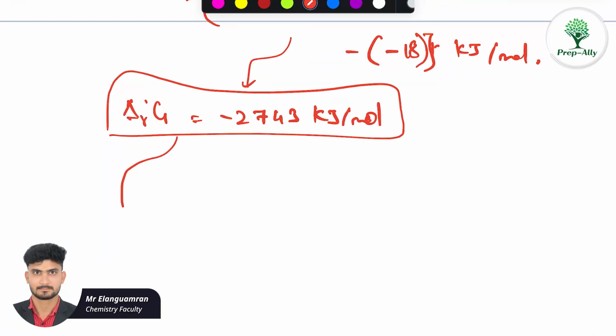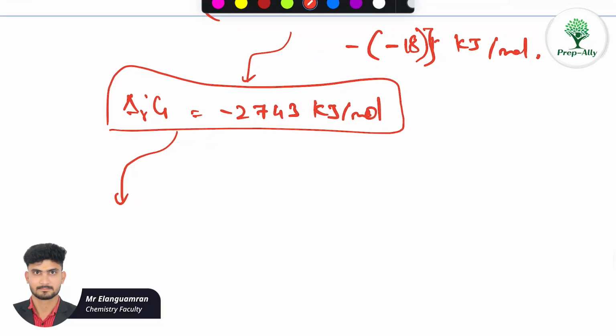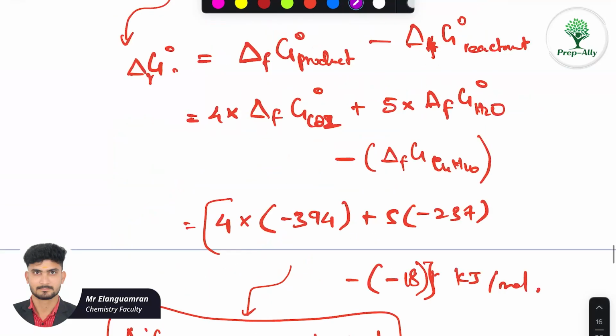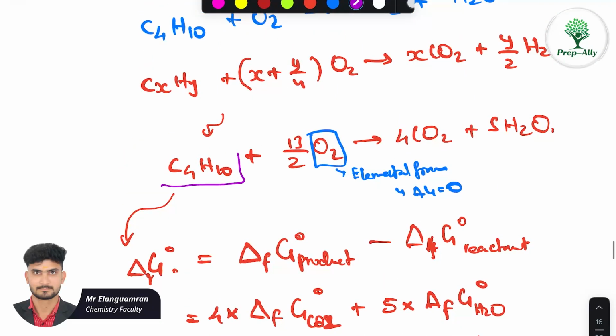So how do I find, using this, the electrode potential of this cell? That I can find using the relation between delta G and E naught. What is n here? This is the most important one. How do I find the n factor? That is, how many electrons are involved in this reaction. I can see here I have 1 mole of butane. I can use oxygen as a reference first.